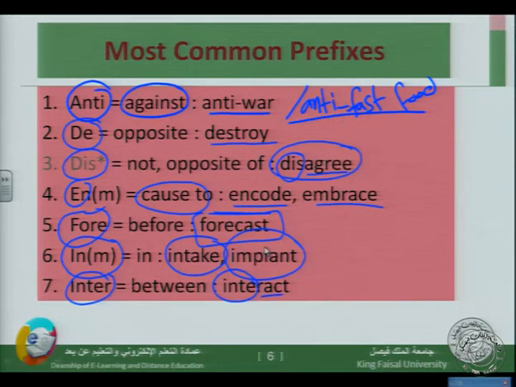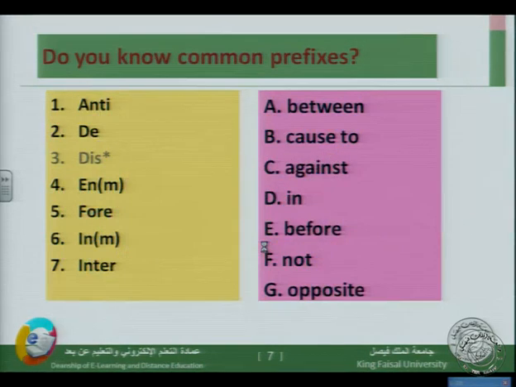So these are some of the common prefixes in English, and we will also take some others, but let us now do the following exercise. I want you to match now the prefix with its meaning. So let us see the first one, anti. Do you remember the word anti-war?